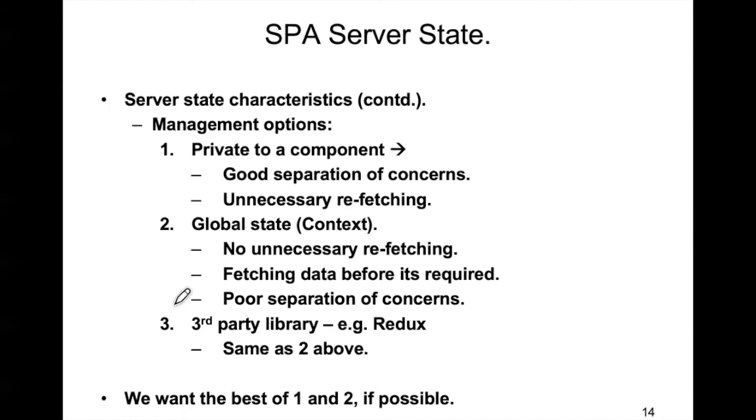It's okay for client state data, but certainly not for server state data, because if we want to take those particular components and use them in a different application, then we've got to bring the context provider components that acquire the data with them in the other applications. So poor separation of concerns.